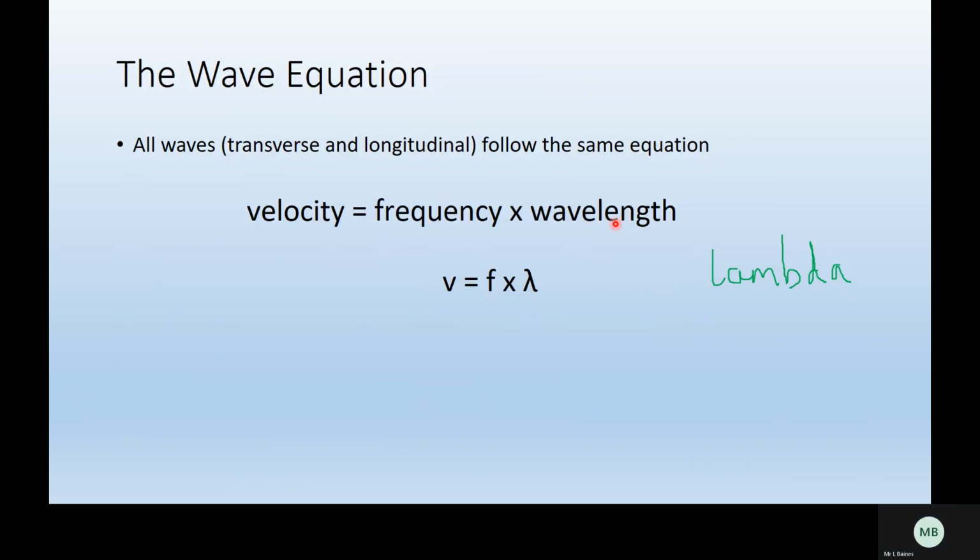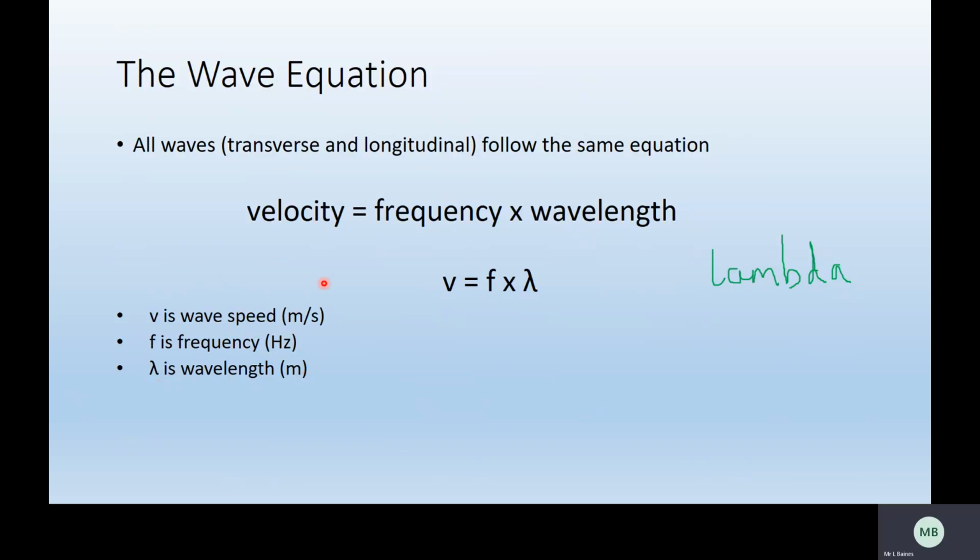Now, let's put some extra information here. V is wave speed, and that is measured in meters per second. The frequency is measured in hertz. We did that just a second ago. And wavelength must always be in meters. Make sure you have got that written down into your book.